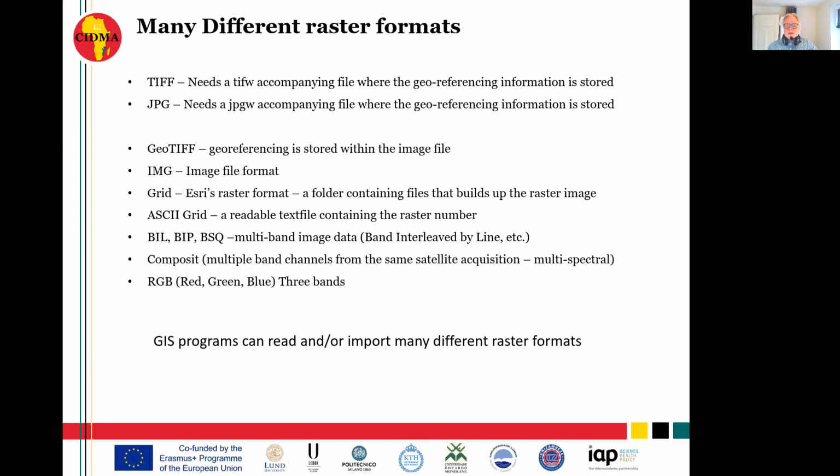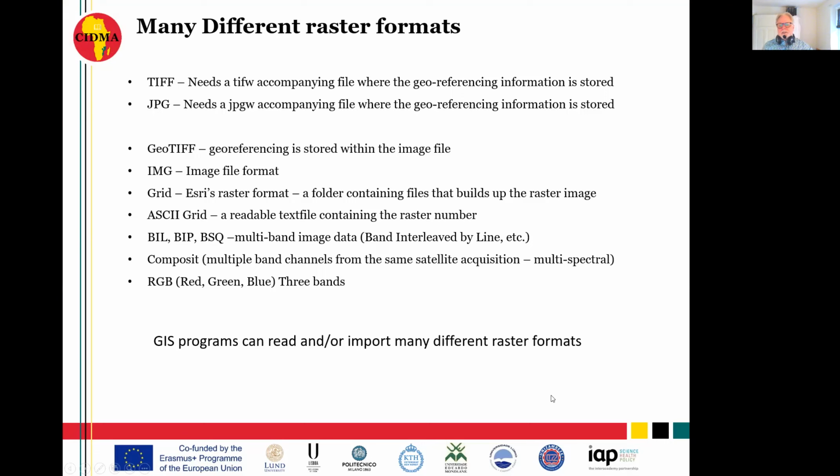It actually consists of 3 different images, one providing the reflectance in the red part of the spectrum, the other image in the green part, and the third one in the blue part of the spectrum. Together they form a color image called an RGB file.